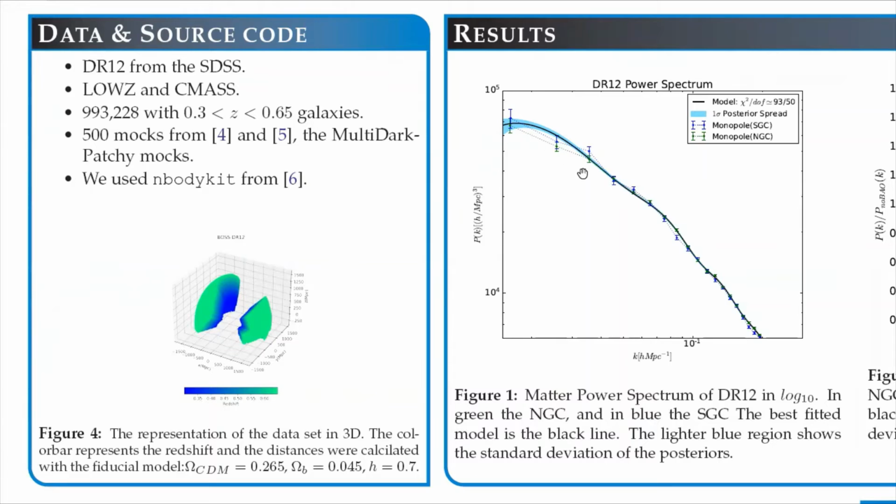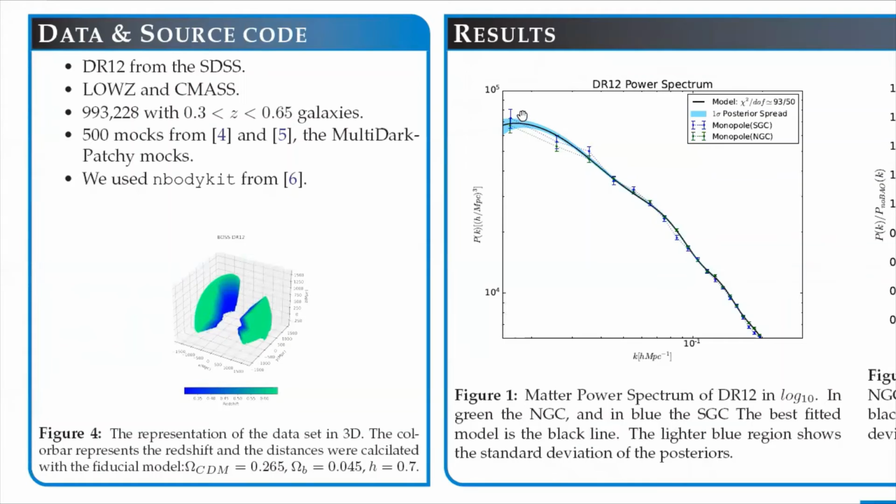And in black we have the refitted model. And the blue region is the 1 sigma posterior spread of that model. And here in the wave number, we see that there are wiggles, which is the BAO, at around 0.04.